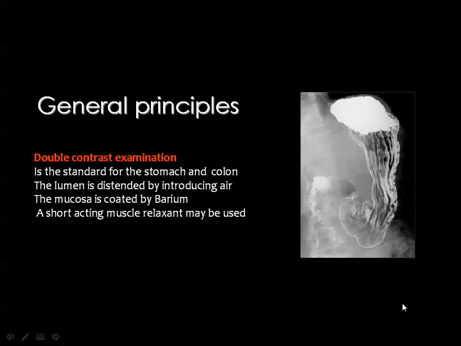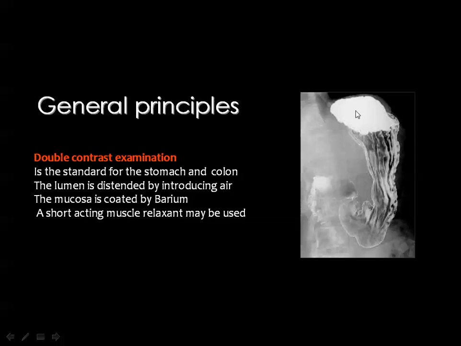Then generally we have some principles for examination of the gut with barium, and whenever we are able to have what's known as the double contrast examination, we can do this. This examination is easily obtained in the stomach as well as in the colon. This contrast examination is performed by introducing barium and air inside the part to be examined.